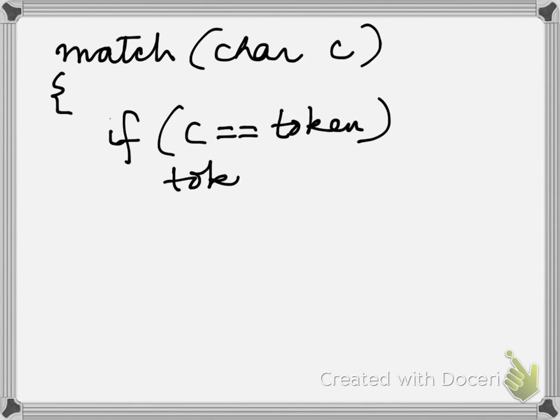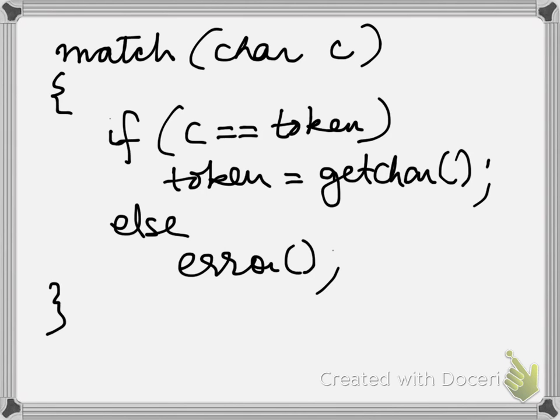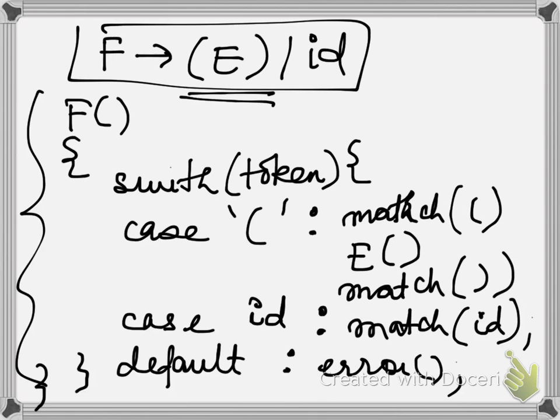I will use get char to read the next token. Else, if it does not match, then it's an error. So if I find the match, then I'll read in the next character or token. If it is not a match, then it's an error. In this manner you can write your recursive descent parsers.